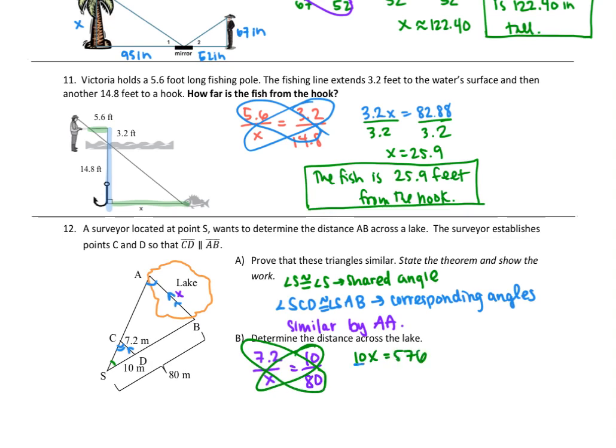And now we can divide by 10. So x is 57.6. So the distance across the lake is 57.6 meters.